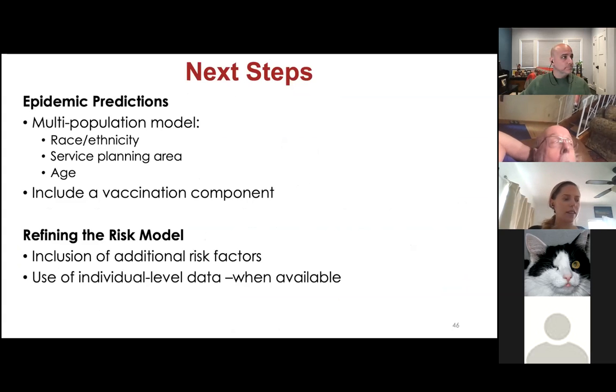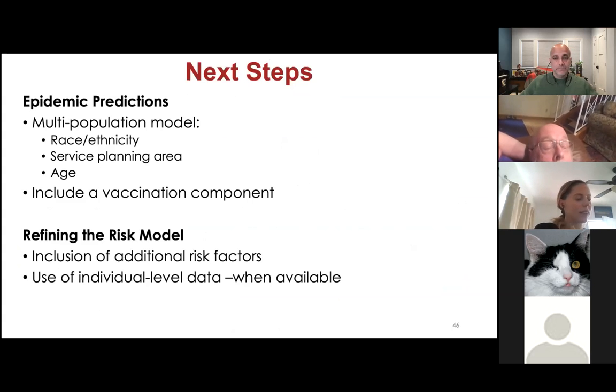There are other scenario analyses we could run. We will probably do that, but our next steps in this modeling work are to develop a multi-population model.